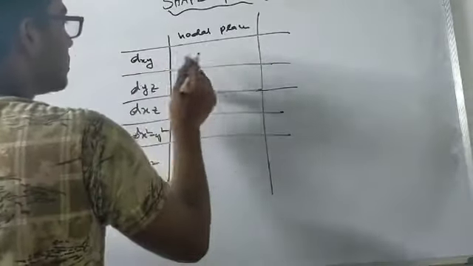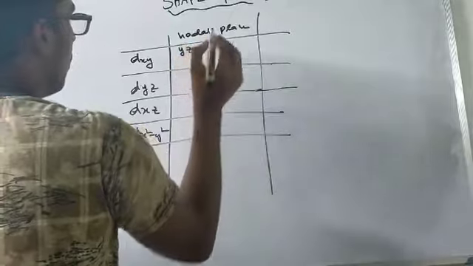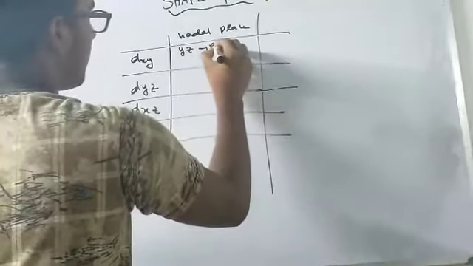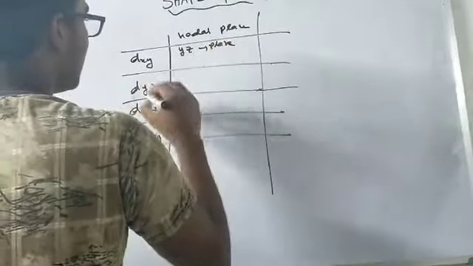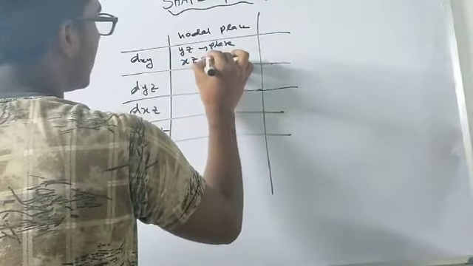For the xy orbital, x equals to 0, that means yz plane is the nodal plane, and y equals to 0, that means xz plane is the nodal plane.